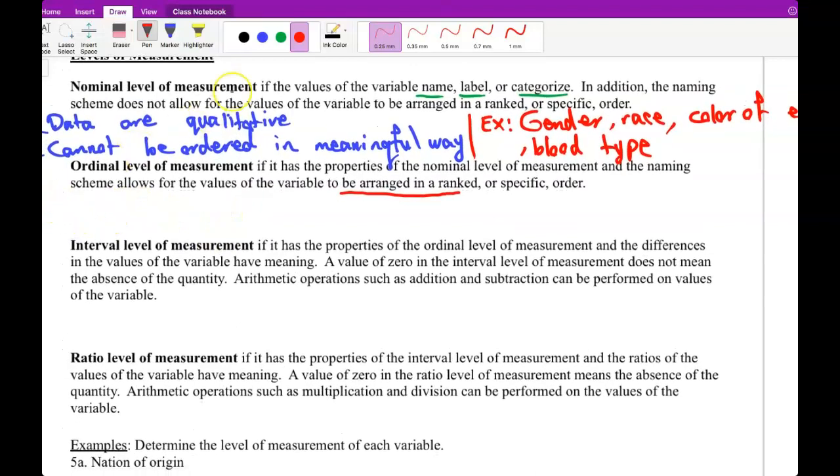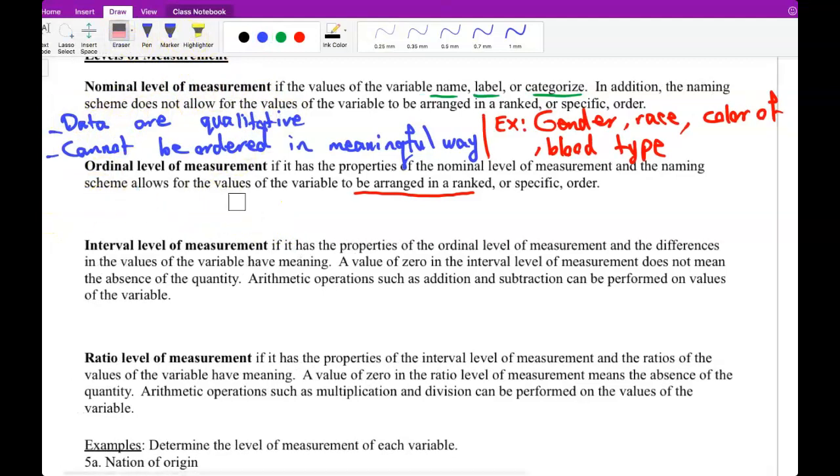So on this part we have ordered names. Data can be ordered. But here on top, we were not able to order them.